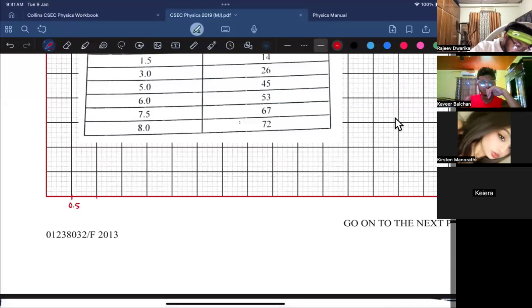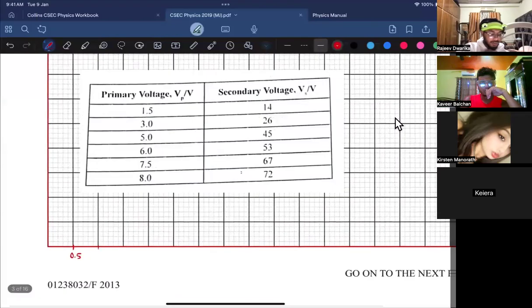So Kira, you were saying every 1 block is 0.5? You want an easy way to check if that'll work? What's the maximum value for Vp? 8. 8 is the maximum value, and we are using every 1 is 0.5, right? So how many blocks would we need?